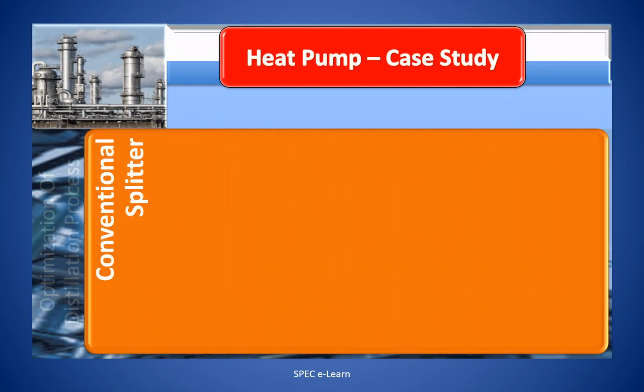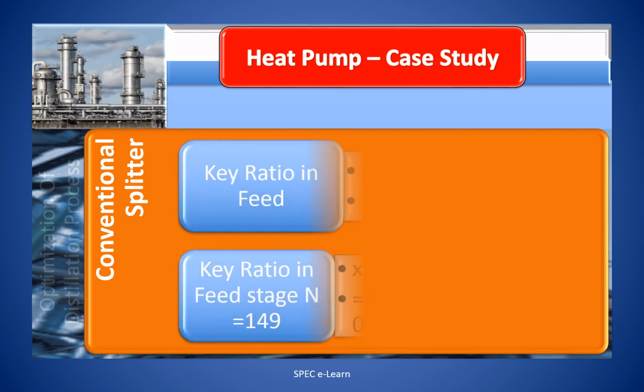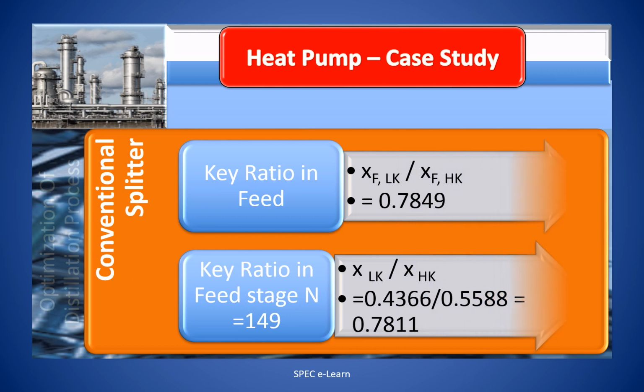The calculated key ratio in the feed is 0.785 and the feed plate is 0.781. This indicates the feed plate location is optimum.